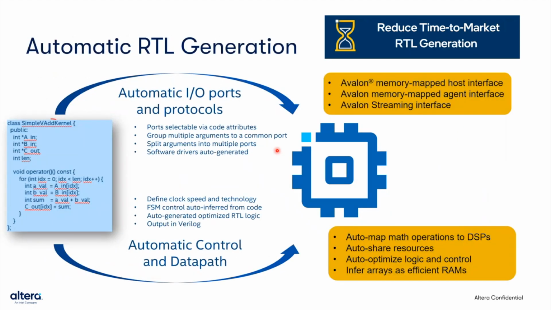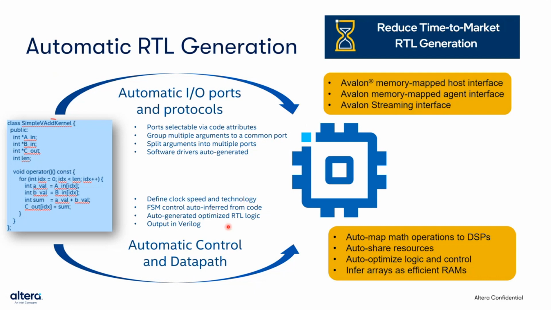Then the code can be converted into RTL. So we have RTL automatic generation. We automatically generate IO ports. There are different port types, shown here, that we can generate for the IP based on the constructs in the code, and those are controllable by the way you code.